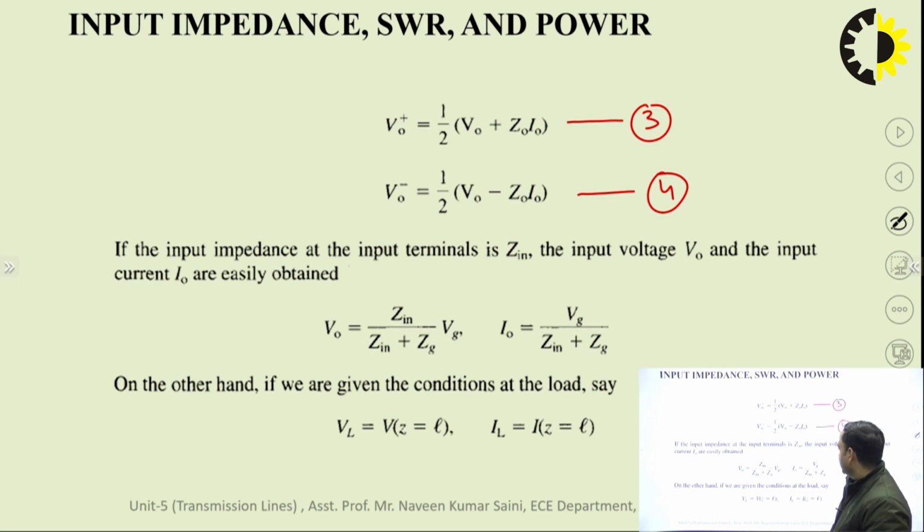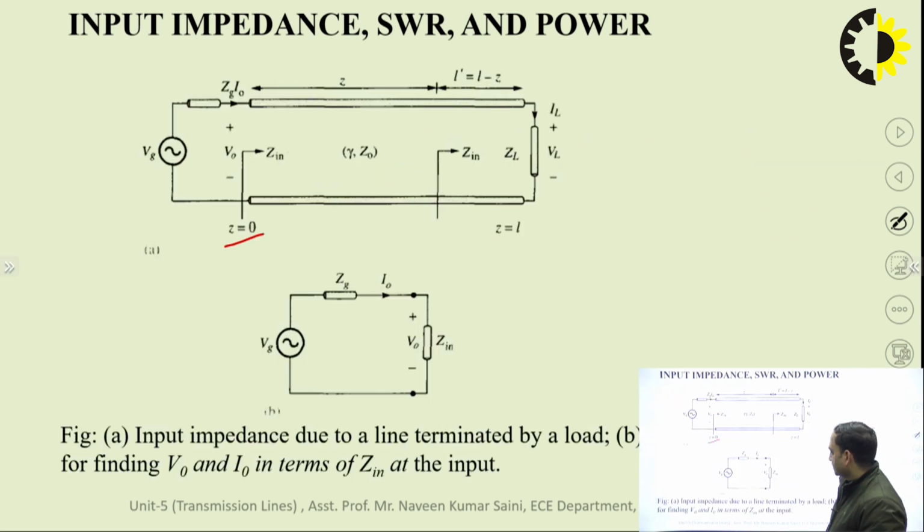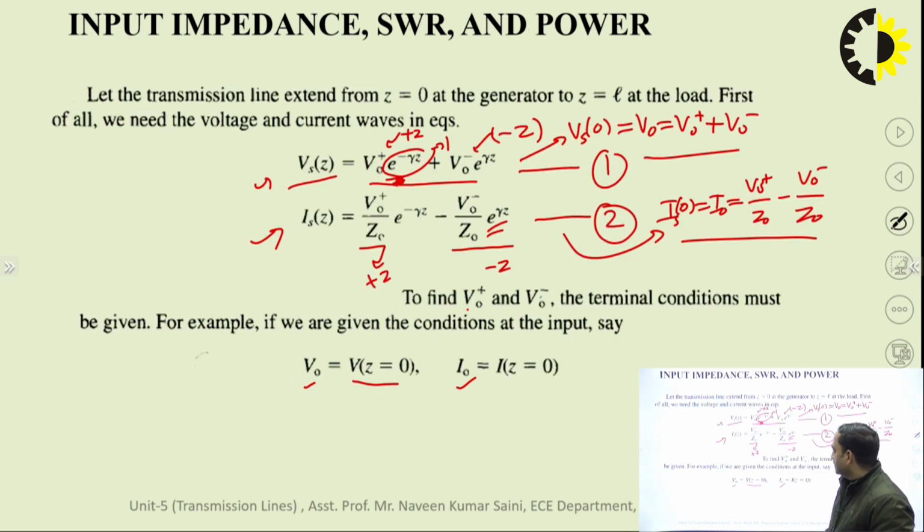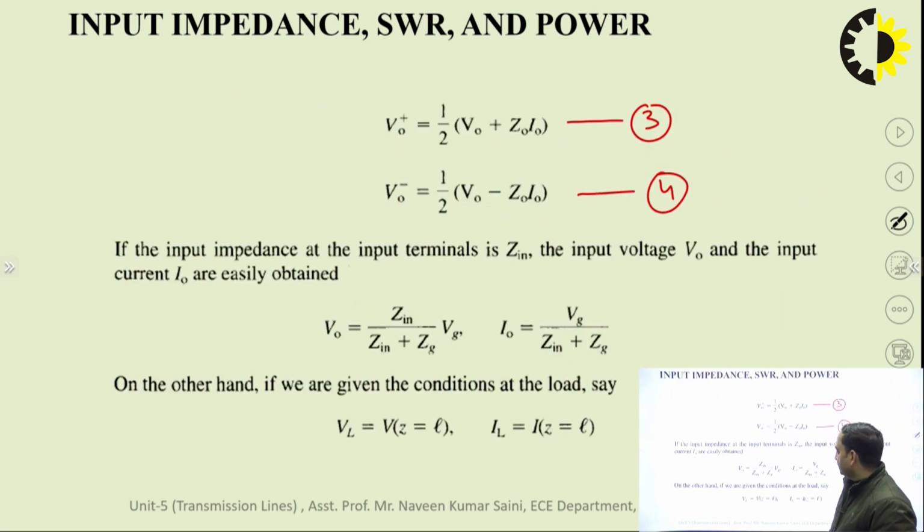Now come to the next point. We will use this graph, where Vg, Zg, I naught and Z in are shown. Here we are taking V naught.